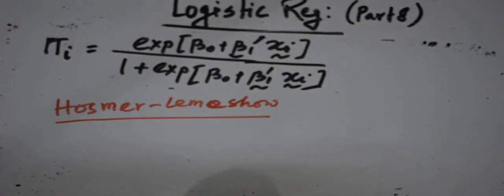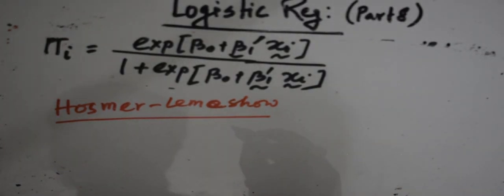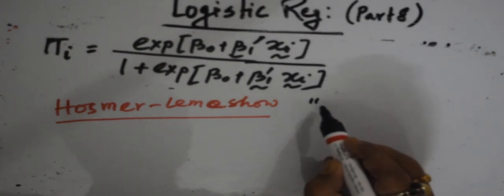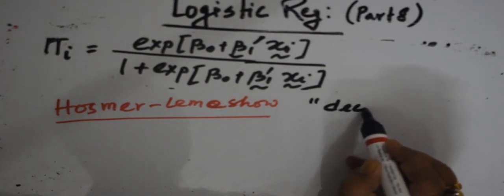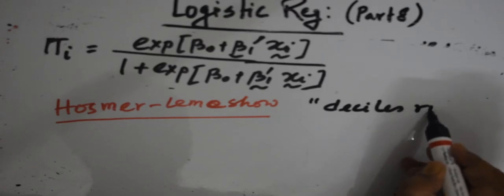In this case, Hosmer-Lemeshow suggests that we form groups based on deciles of risk.